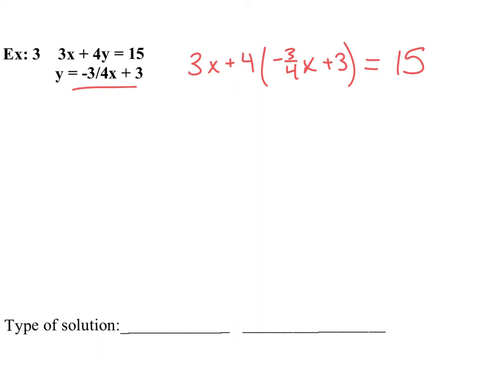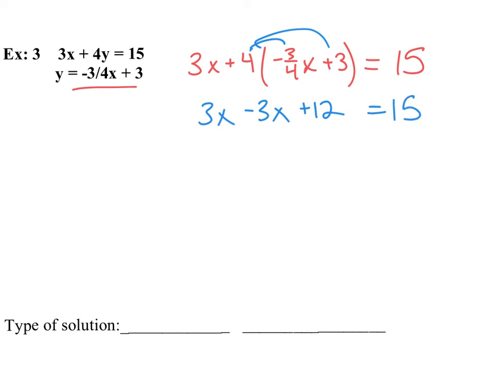Now what? What comes first in solving? Parentheses, 4 times negative 3/4 x. 4 times 3, 12. Combine like terms on the left.